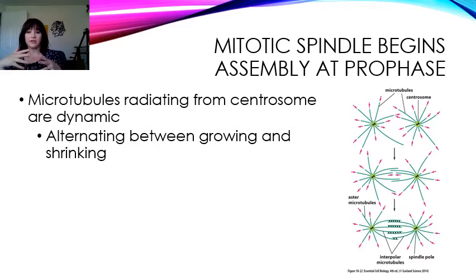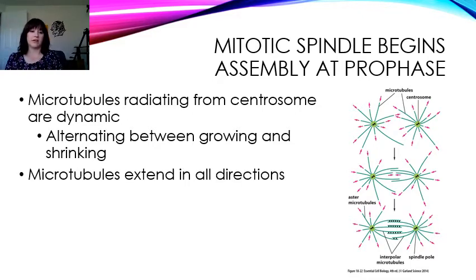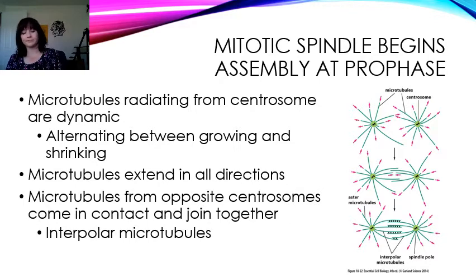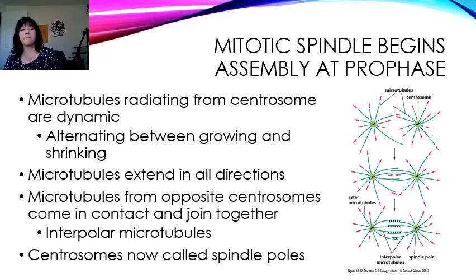When they happen to come in contact with a microtubule from the opposite side of the cell, that connection is strengthened, and now you have an interpolar microtubule. It spans the entire length of the cell. Now these centrosomes are often referred to as spindle poles, so poles, opposite sides.